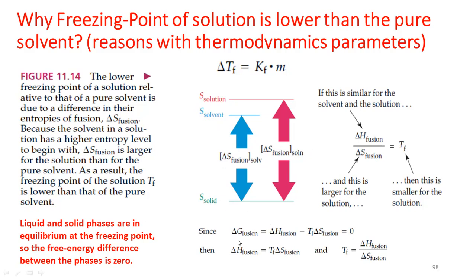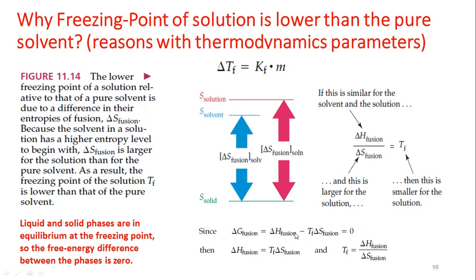Now, consider the second thermodynamic parameter, which is the change in free energy. Because the liquid and the solid phases are in equilibrium at the freezing point, when both are at equilibrium, the change in free energy will be zero. So the change in free energy is zero at equilibrium. Now, what would be the next equation?